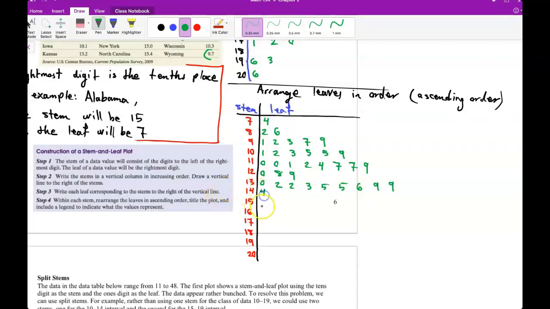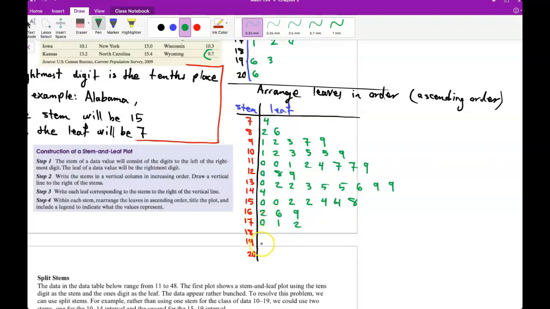Here is 4. For 15, we have 0, 0, 2, 2, 4, 4, 8. 2, 6, 9. 0, 1, 2.